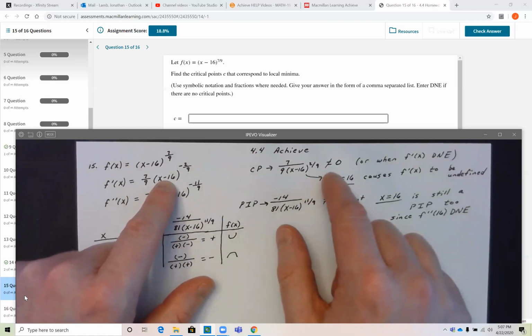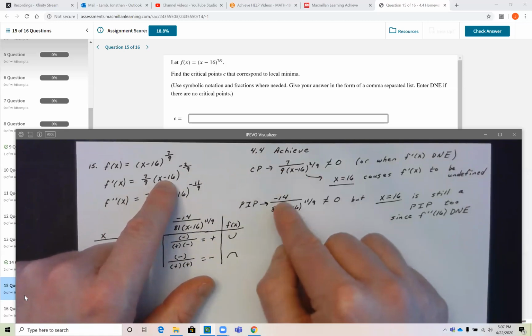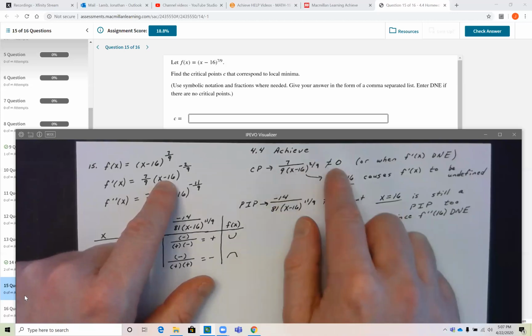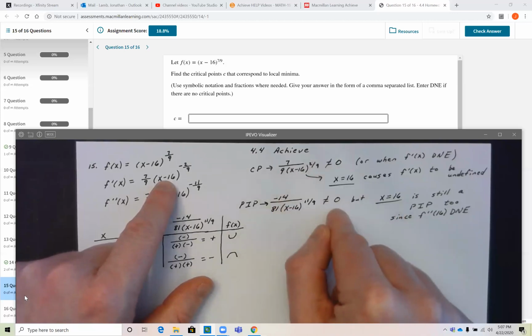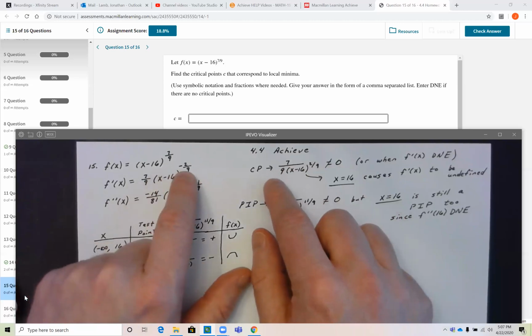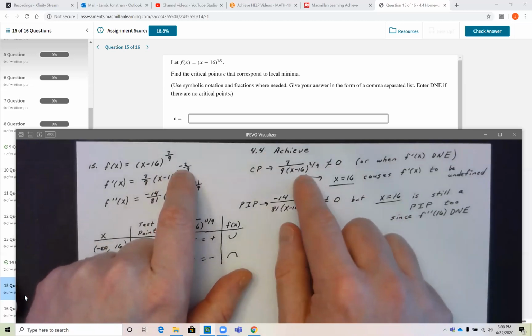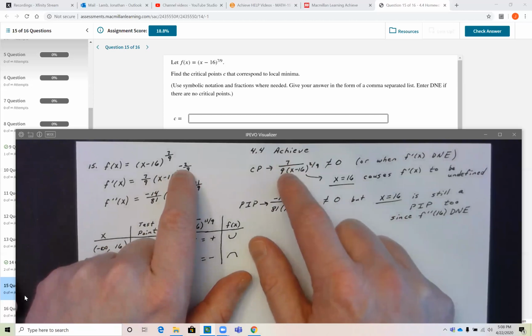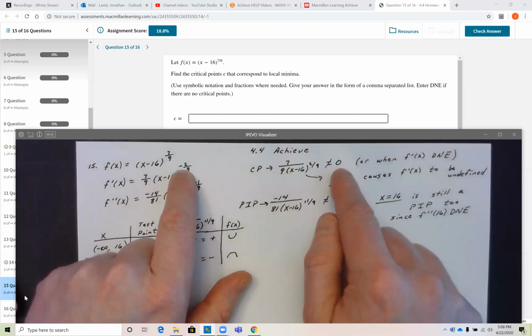You're not able to get any critical points or potential inflection points by setting the first or second derivative equal to 0. Because when this group gets to a negative exponent, that means that the only variable in the problem goes to the denominator. You can never divide 7 by any number in existence and ever get a 0.